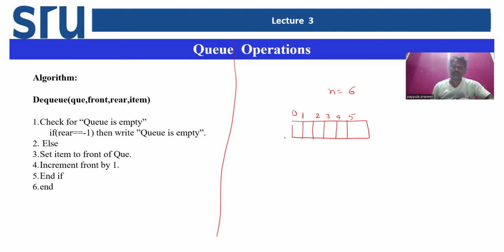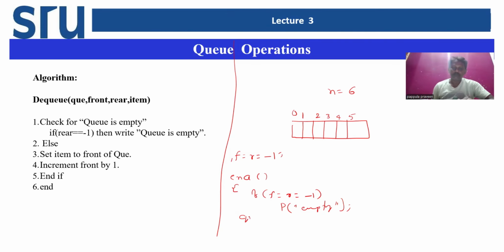Initially, we take n equal to 6. So, first f equal to r equal to -1. Enqueue. If f equal to r equal to -1, printf, you write the complete program. Here I want to write small.